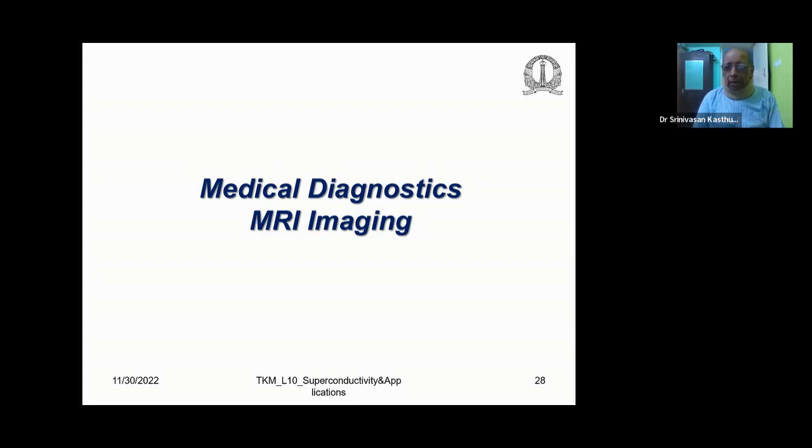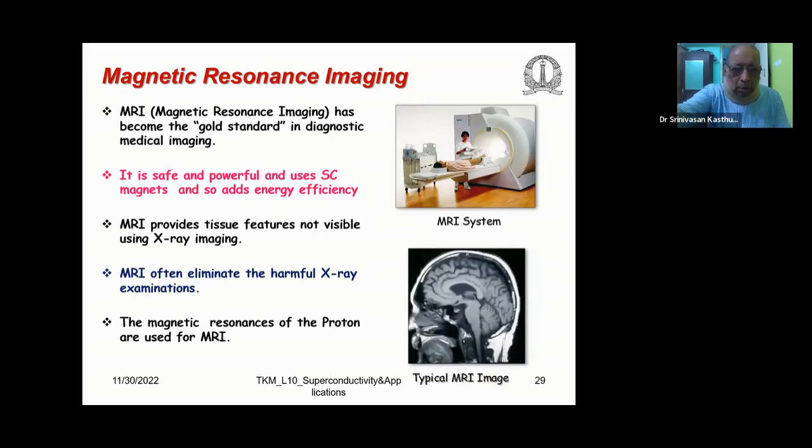Okay, welcome back. We will now talk about the other applications of superconductivity. We will first discuss medical diagnostics and MRI imaging using superconductors. Magnetic resonance imaging, known as MRI, has become the gold standard in diagnostic medical imaging.